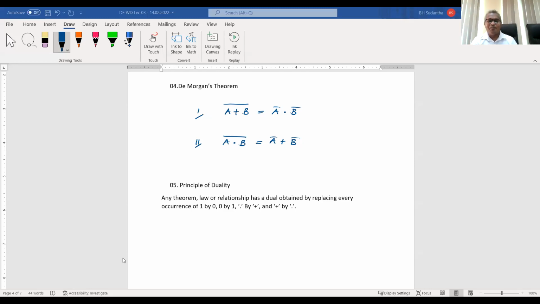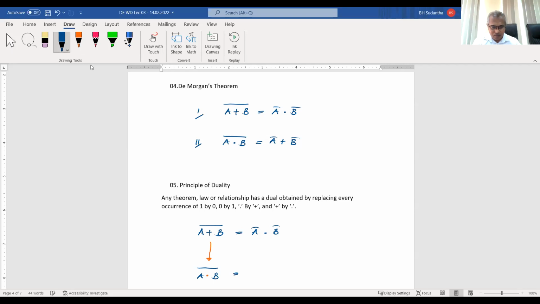But anyway, this is the one. Principle of duality. Shall we apply this one? Shall we take De Morgan's theorem first part? It's A plus B bar equals A bar dot B bar. How can we apply this one? We convert this: A should be there, B is there, the bar is there, and we have to replace this plus by dot.